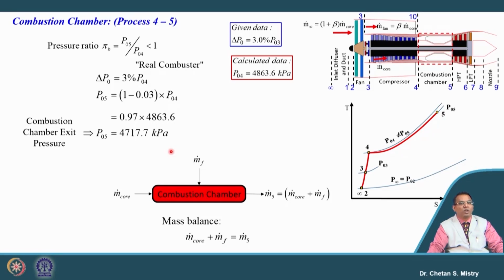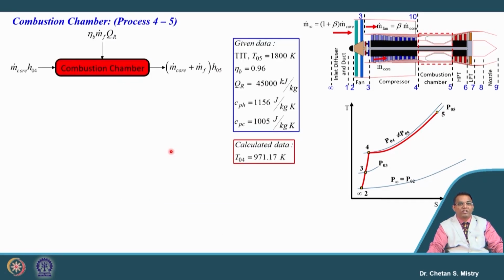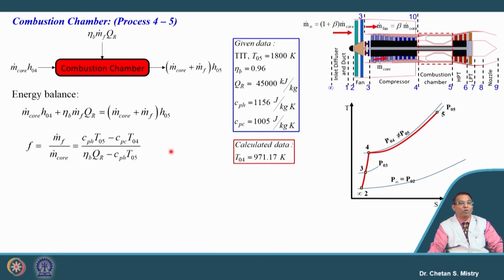Okay. So, let us put this as our energy balance, and we will write down the energy balance equation for the combustion chamber. From that, we can calculate our fuel air ratio. This fuel air ratio is represented as H05 minus H04 divided by the combustion chamber efficiency into the calorific value of the fuel minus H05.